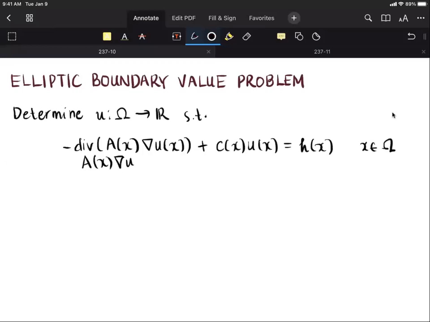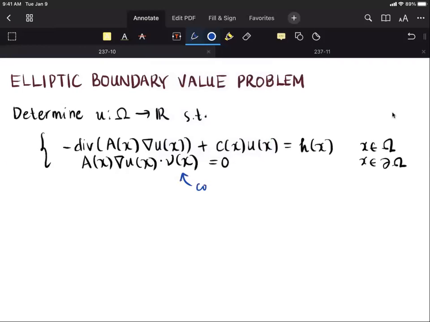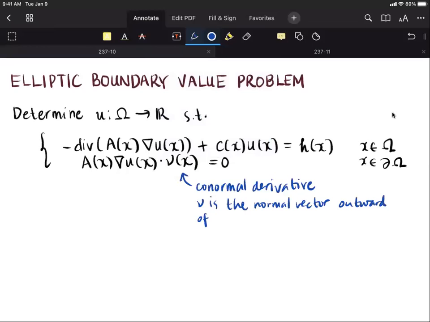And let's say we have the following conormal derivative, and this is 0 when, let's say, x is on the boundary of omega. So the second term here is what we call the conormal derivative, and nu is the normal vector outward of the boundary, or outward to the boundary.